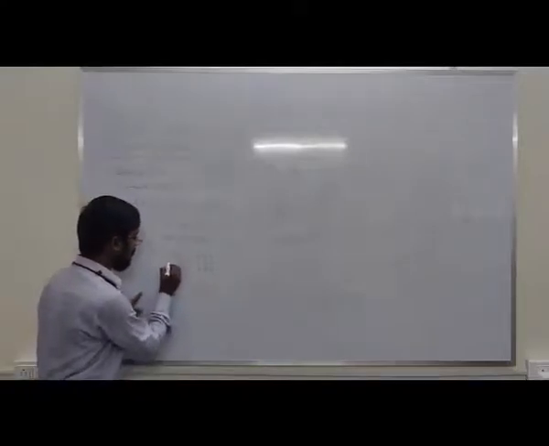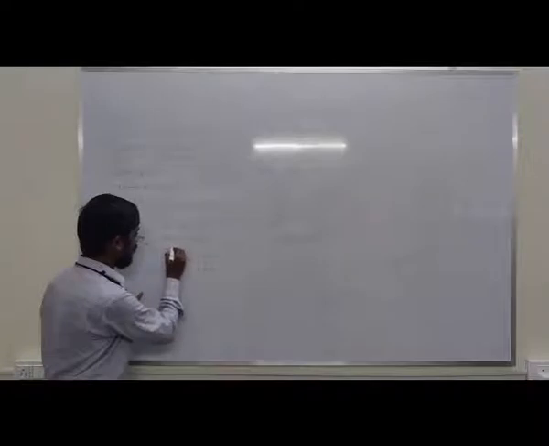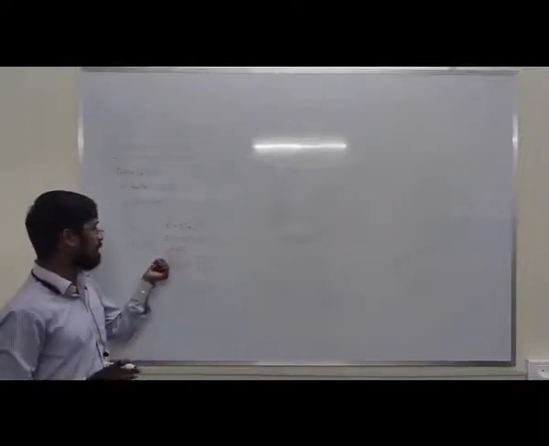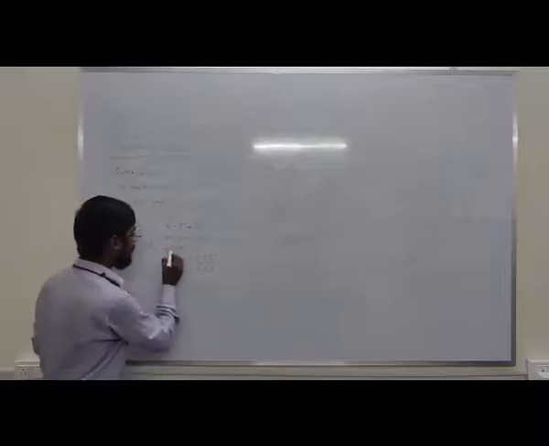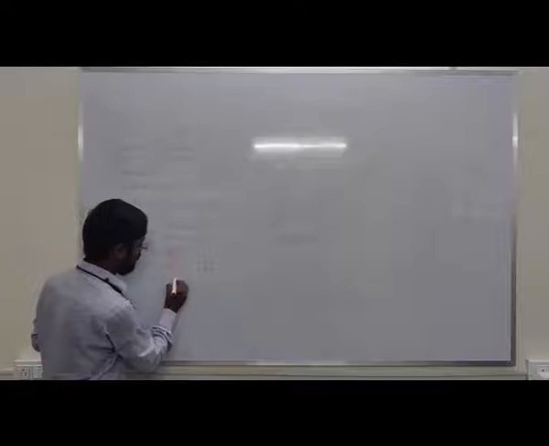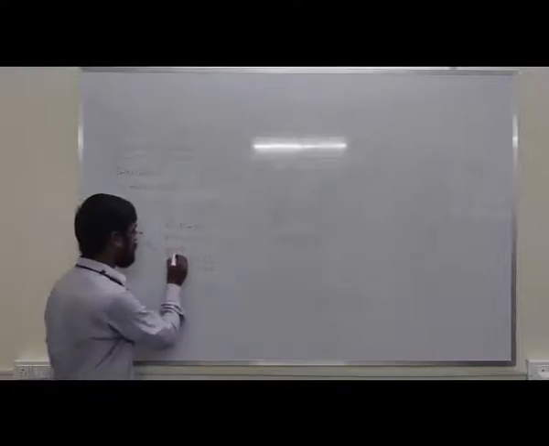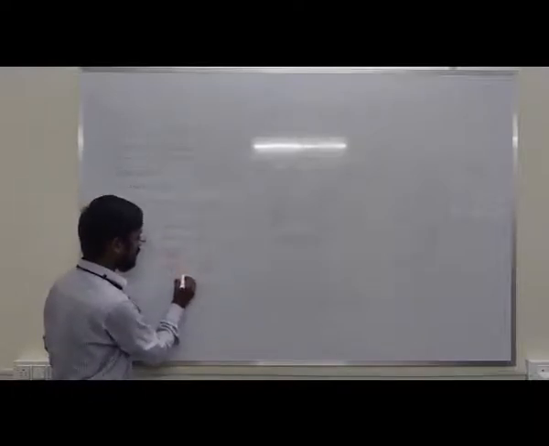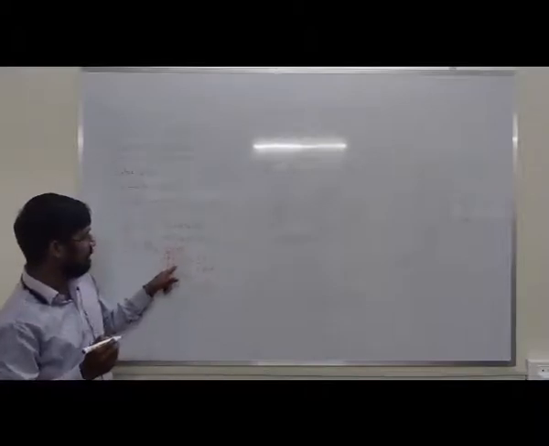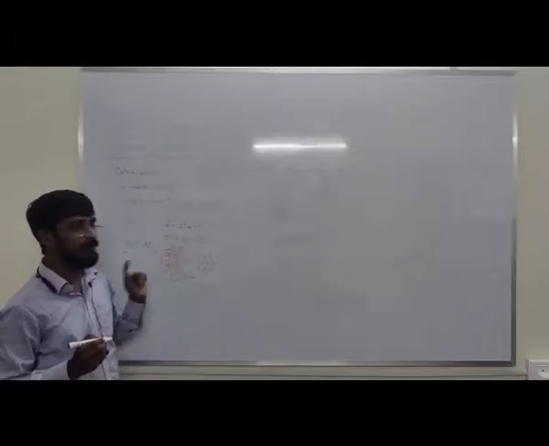The first term, P by H, always gives sin theta. The second term, B by H, always gives cos theta. And the third term is tan theta, which is perpendicular by base.